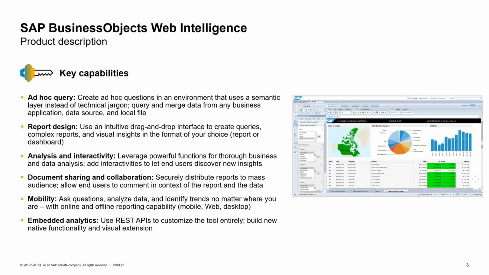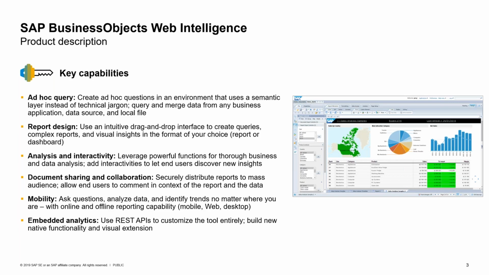So, in terms of capabilities, you all know this. With WebI, you can achieve ad hoc query, design your report, analyze and inject interactivity in your document, share and collaborate on the result of your document. You can mobilize your WebI document, meaning that you don't necessarily have to be on your laptop to consult your WebI document.